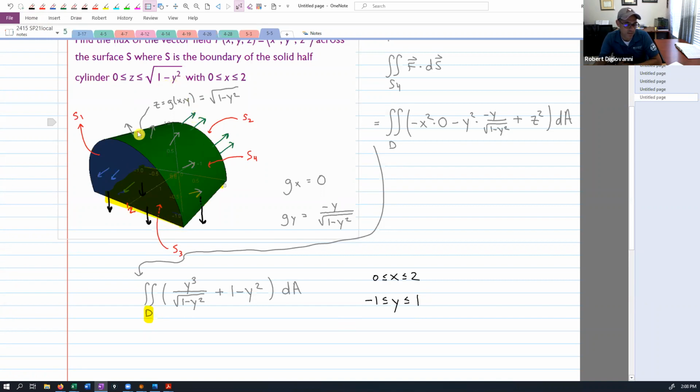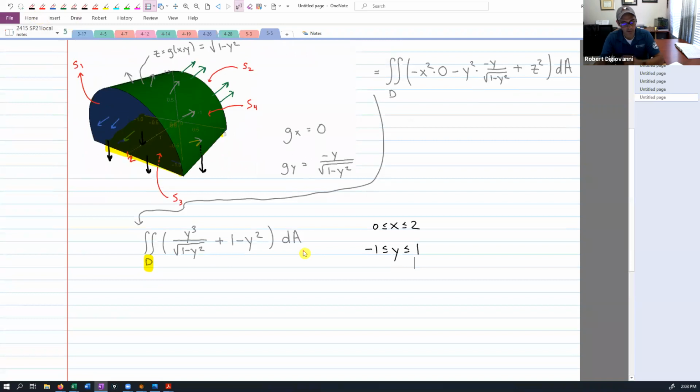So the y values go from -1 to 1. I think we're almost to the integral now. 0 to 2, integral -1 to 1, y cubed over the square root of 1 minus y squared plus 1 minus y squared dy dx.